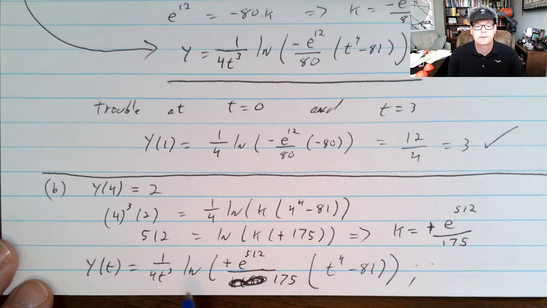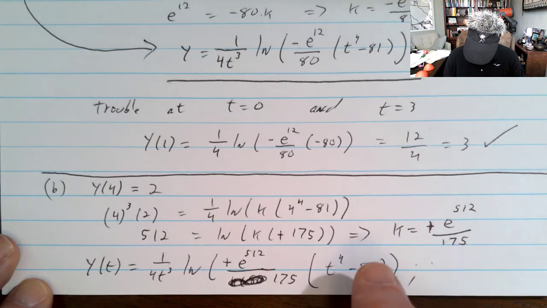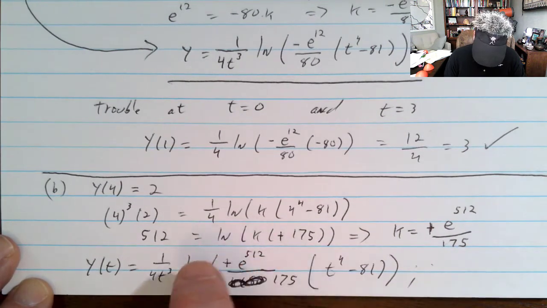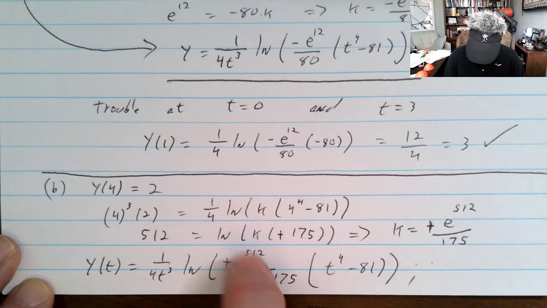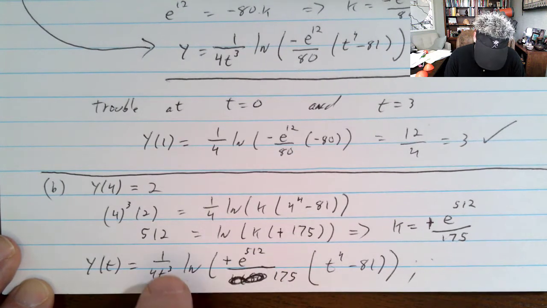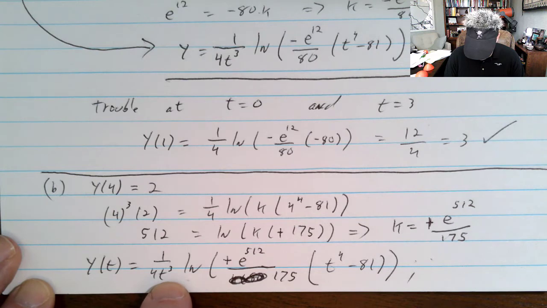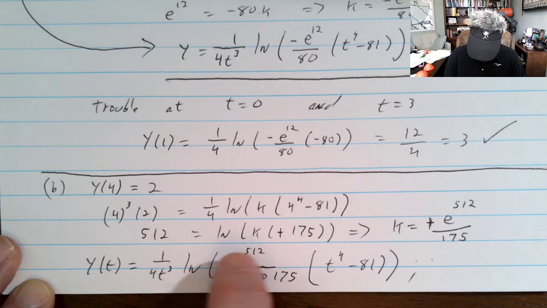There we go. So good thing I checked. So now plug in 4, 256, 175 cancels. Log of e to the 512 is 512 divided by, if you plug a 4 in there, you get 256. 512 divided by 256 is 2.